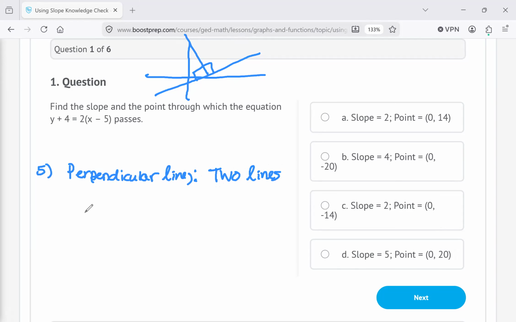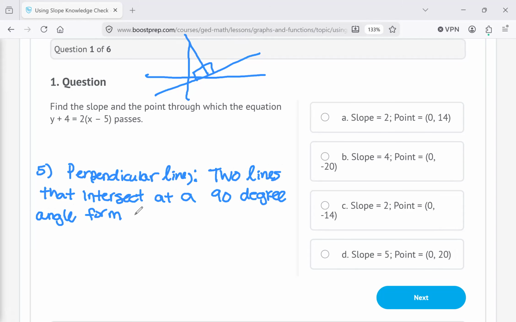Two lines that intersect at a 90-degree angle form right angles, right? And this is also important. This is how you really know it's perpendicular.